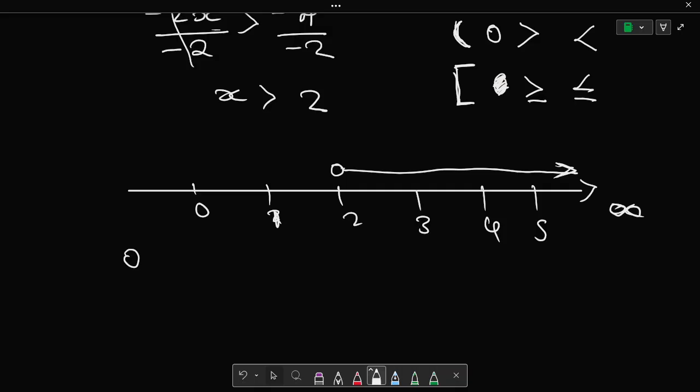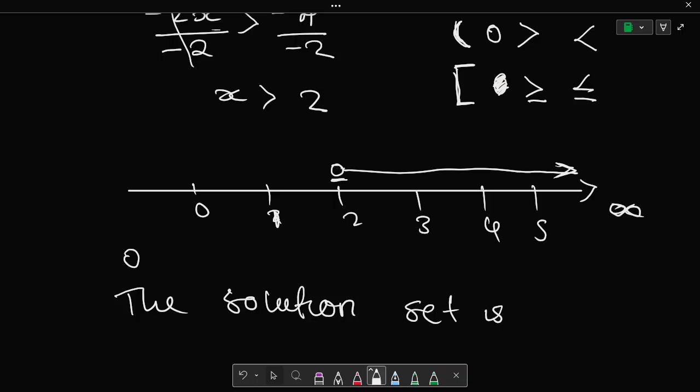So your answer is going to be that the solution set is, since we have this type, we do this: 2 up to infinity, since we are going towards infinity.